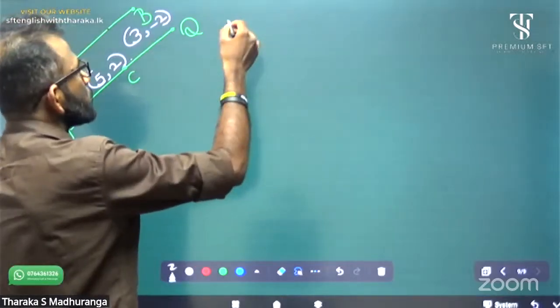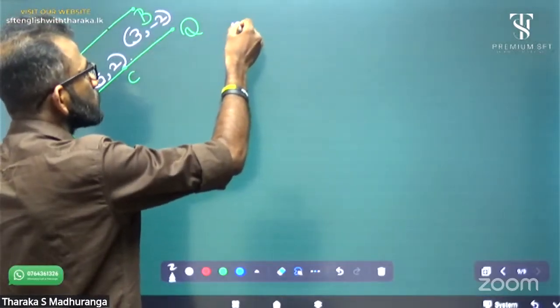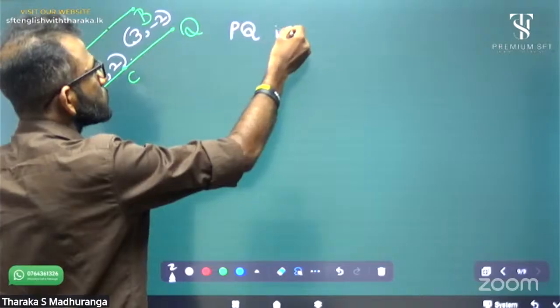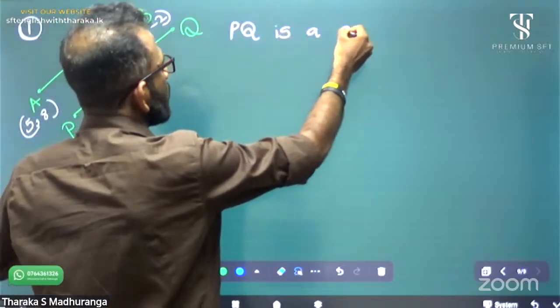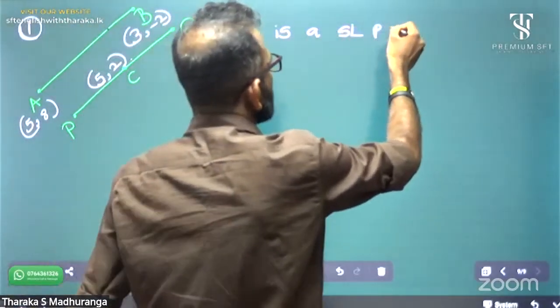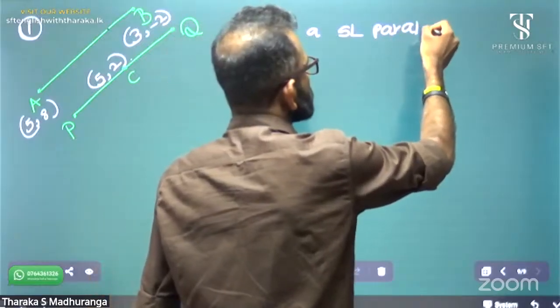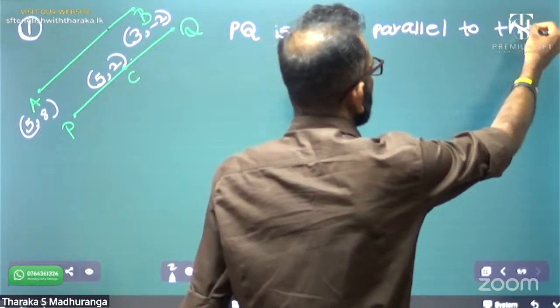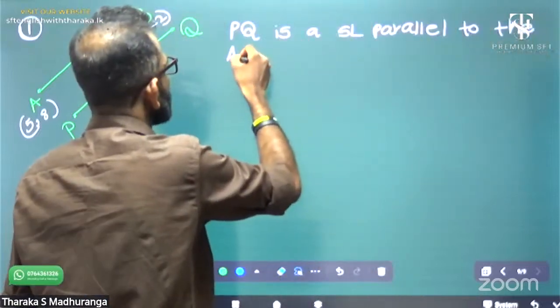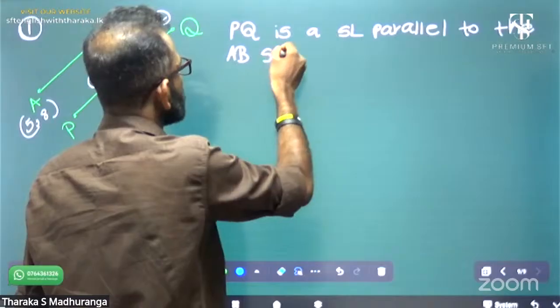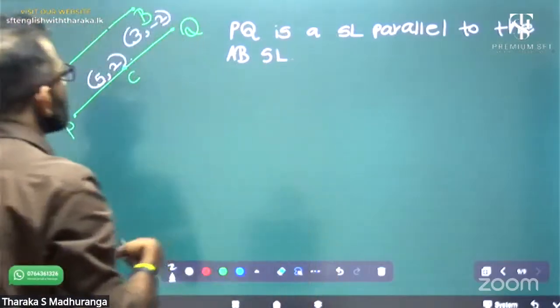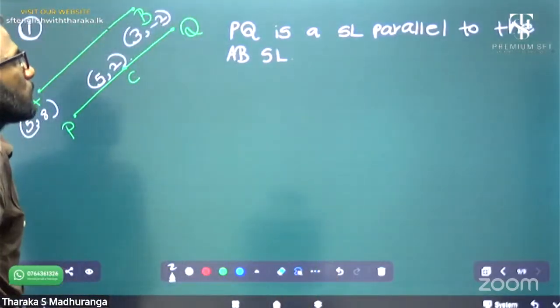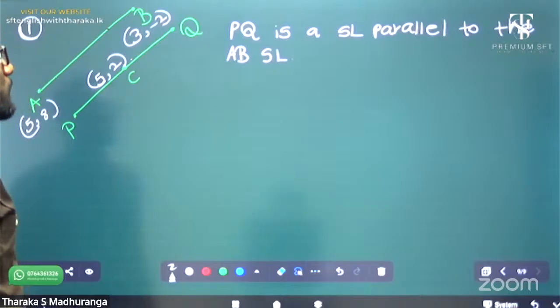PQ is a straight line parallel to the AB straight line.